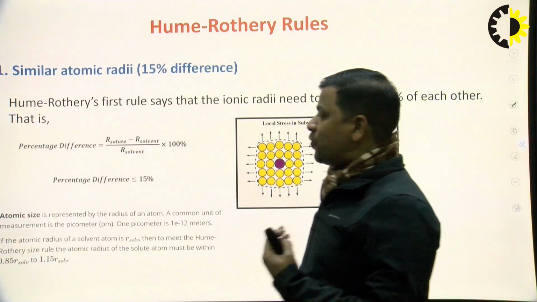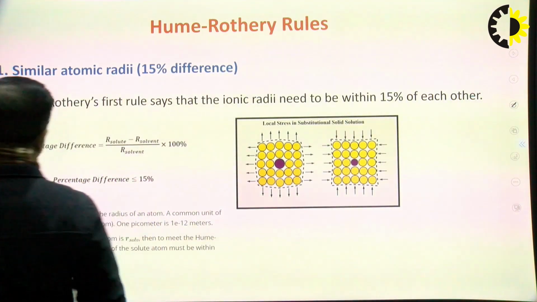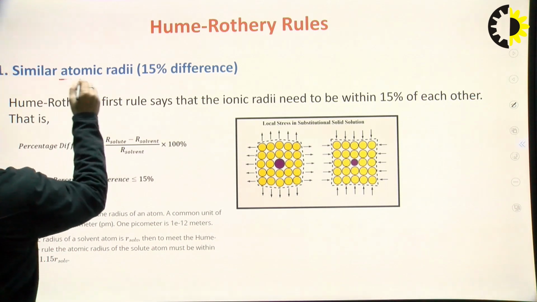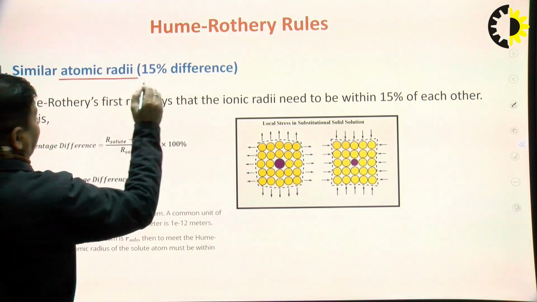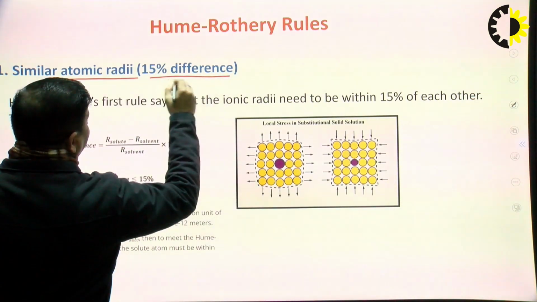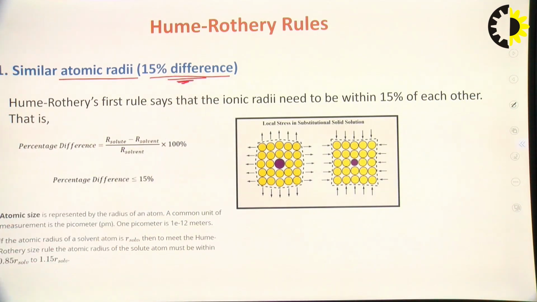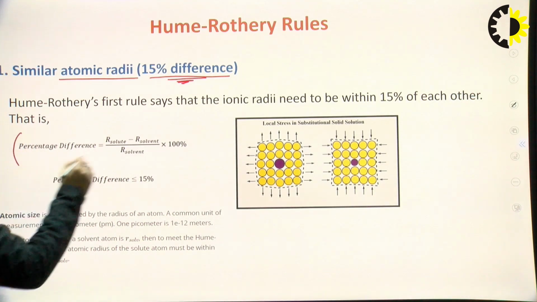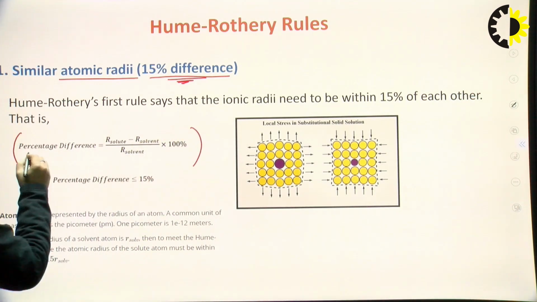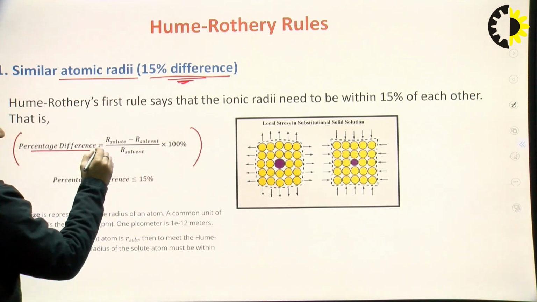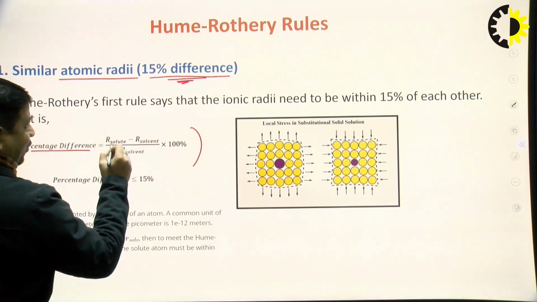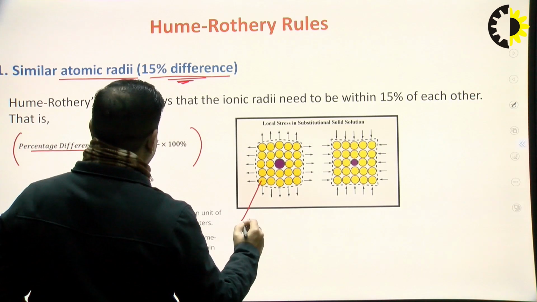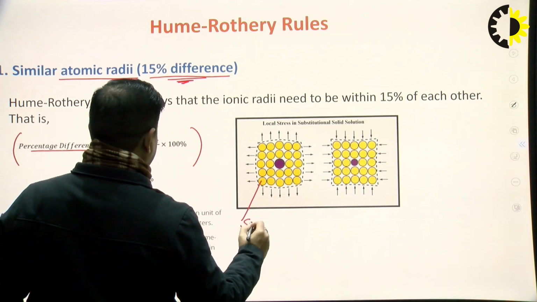Talking more about each rule one by one in more detail: what is the meaning of similar atomic radii? The difference cannot go beyond 15%. Here they have given one formula. Percentage difference is equal to the radius of the solute, minus the radius of the solvent. Here this yellow color is known as the solute.